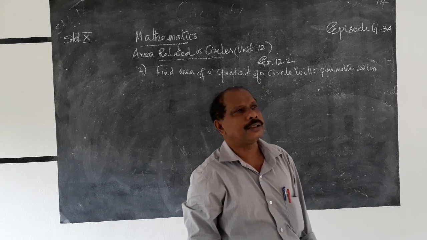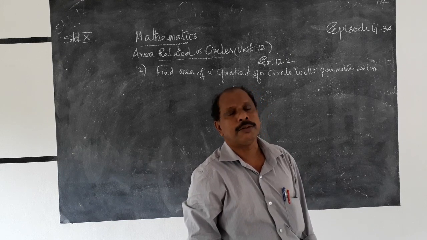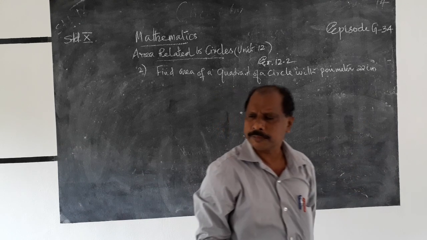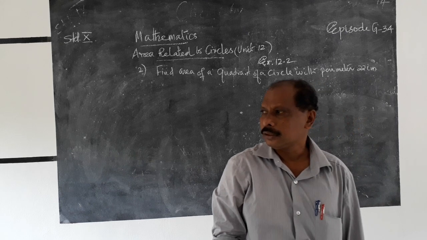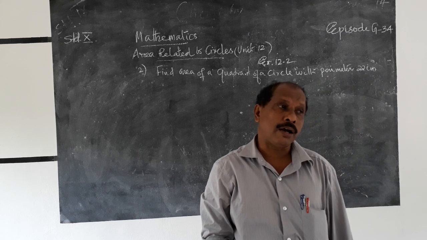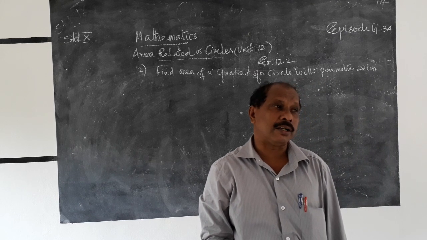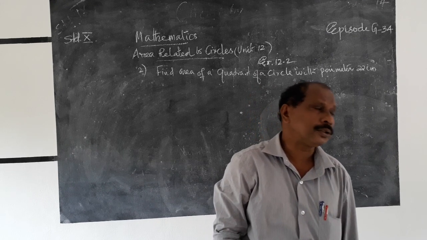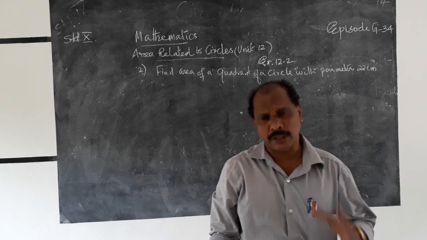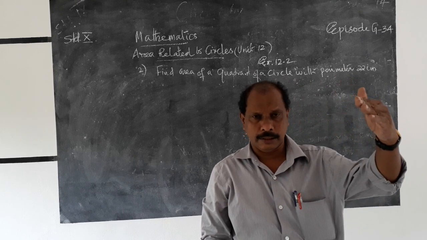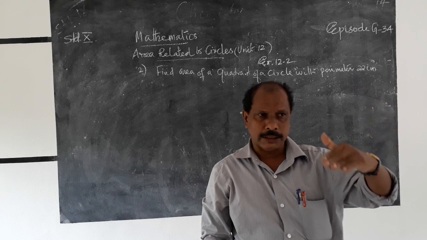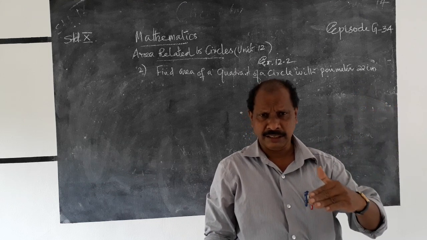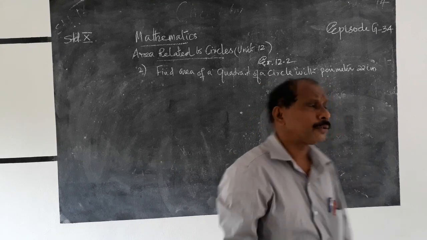90 by 360 is 1/4. Area of a circle is equal to pi r square. Area of semicircle is equal to half pi r square. Area of a quadrant is 1/4 pi r square. Otherwise, theta is 90 degree, that is theta by 360 into pi r square, and 90 by 360 is 1/4.